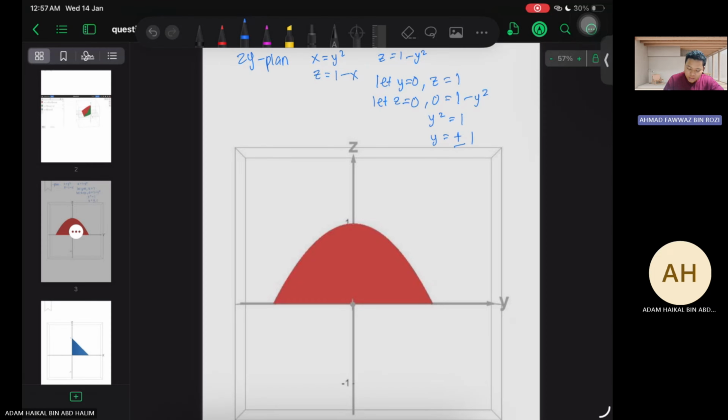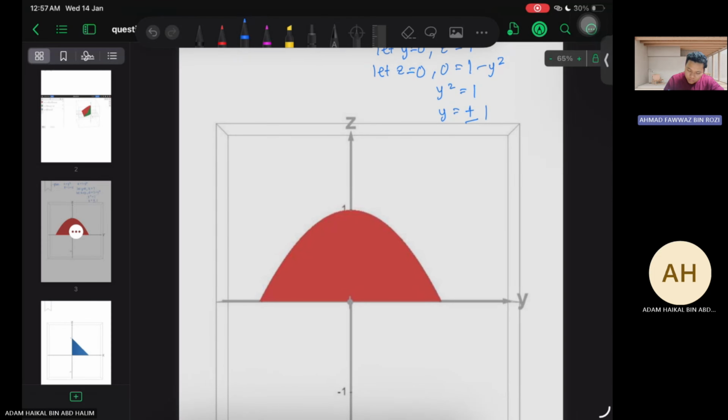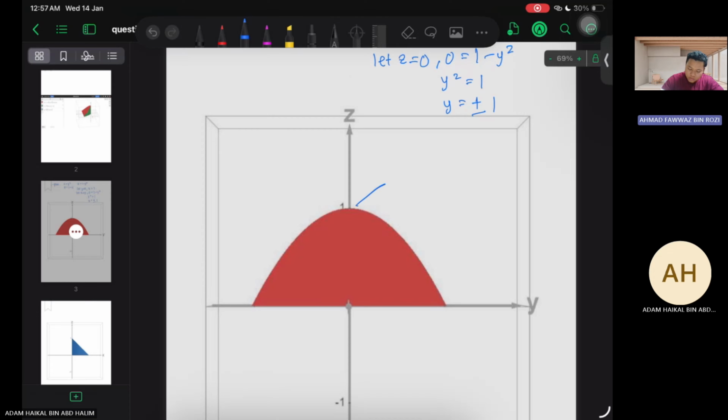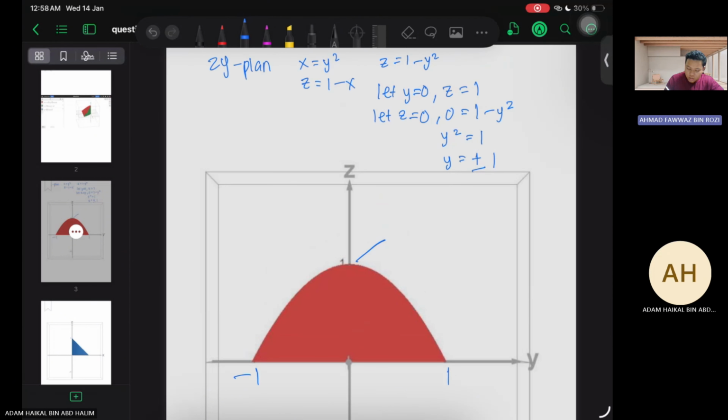From this graph, we know that z equal to 1 and y goes from negative 1 to 1. Negative y square is an inverse C direction, but this is from the x perspective, so the graph looks like this.